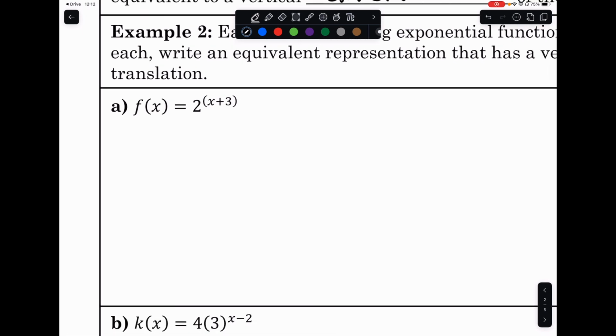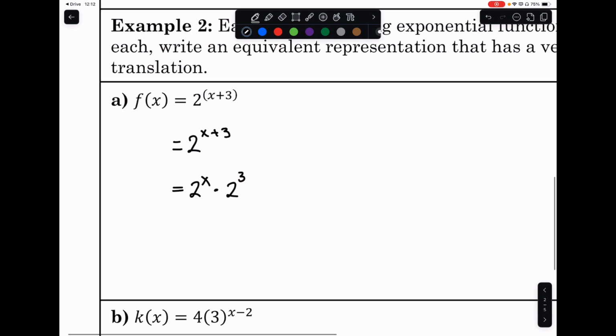So here we have f of x is equal to 2 to the x plus 3 power. Well, by the product property, since we're adding these exponents, x being added with 3, we can write this as 2 to the x power times 2 to the third power. And since 2 to the third power can be simplified to 8, we can write f of x as the product of 8 times 2 to the x power.